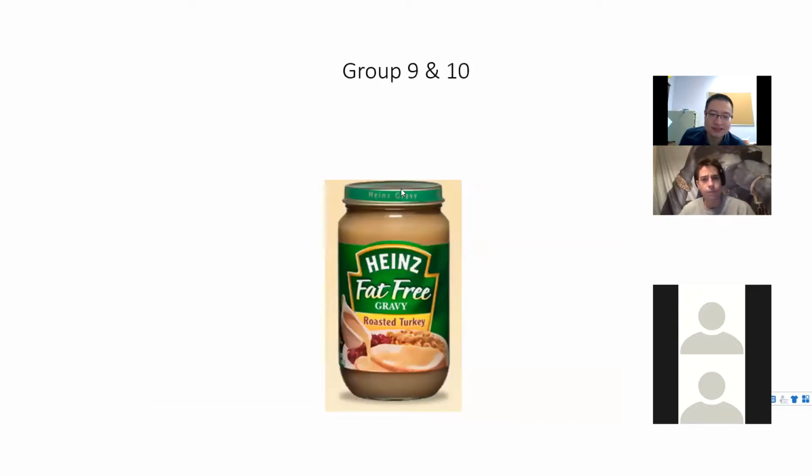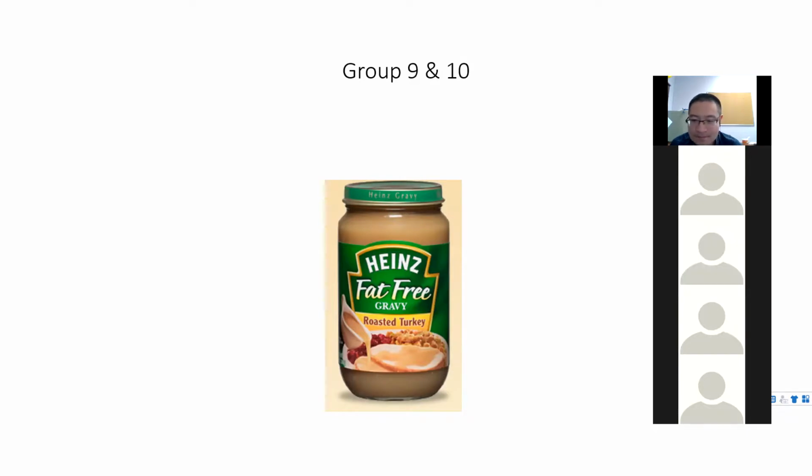Next one, the last one is the roasted turkey, group 9, group 10. Let me ask group 9 first, probably. What do I have? Delaney, Kate, Christine, and Christina.